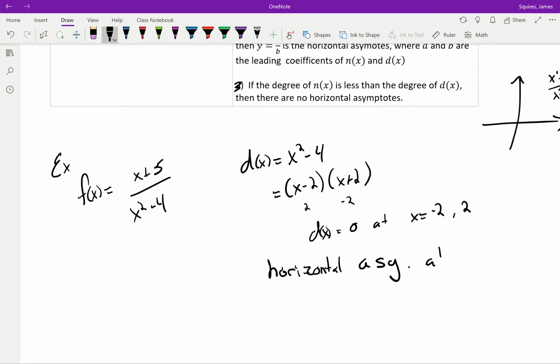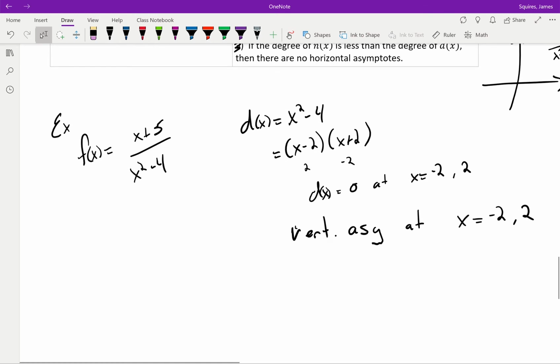That means we have vertical asymptotes at x equals negative 2 and positive 2.